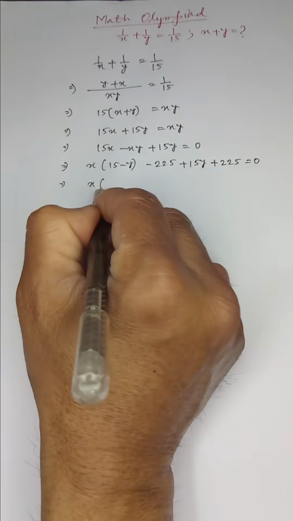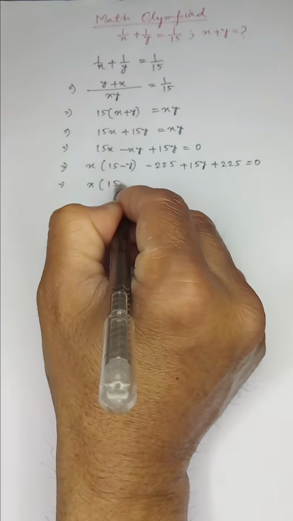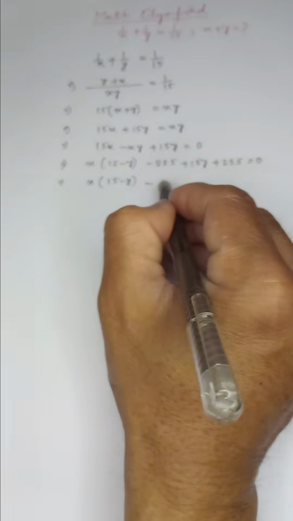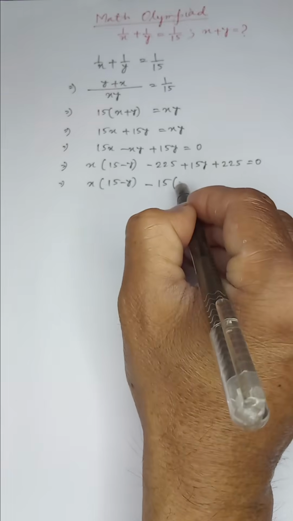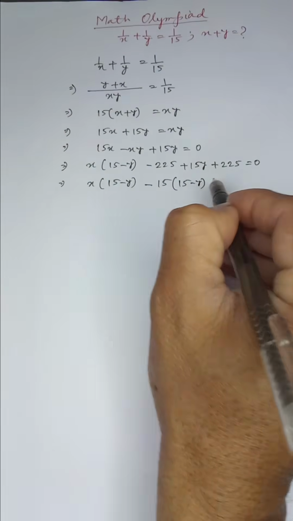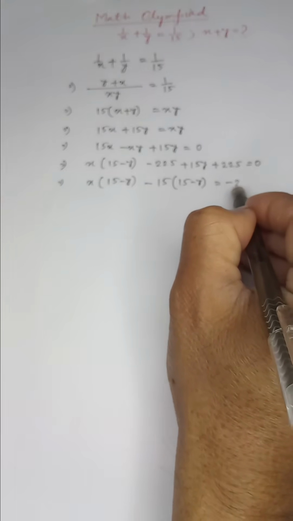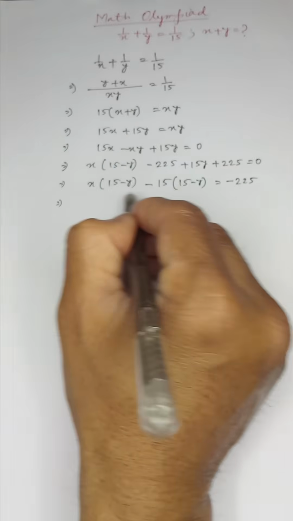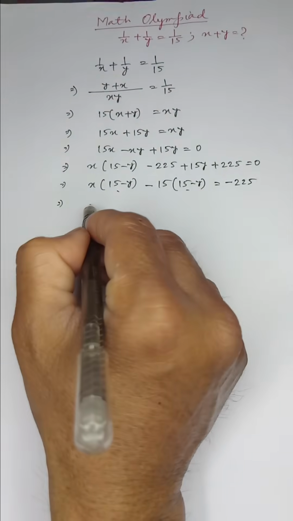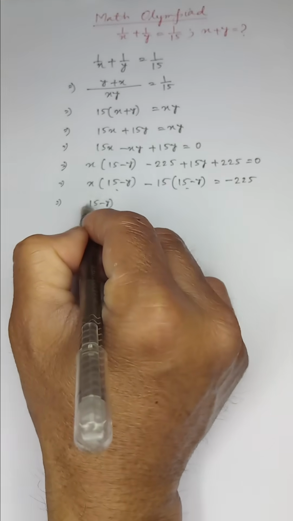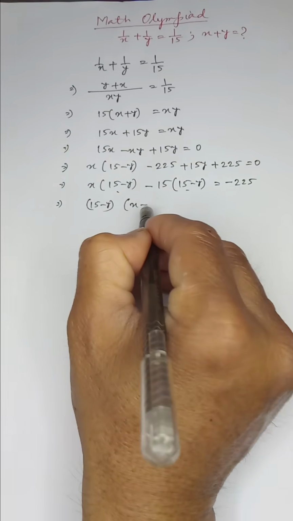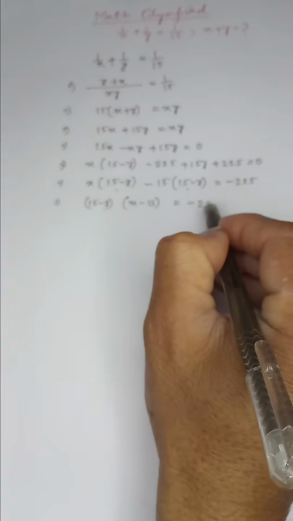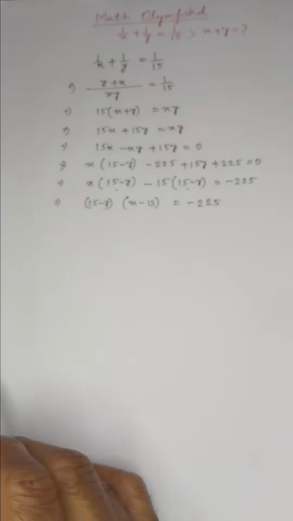or x into 15 minus y, and if I take 15 common, we get 15 minus y equal to minus 225. From these two we get 15 minus y is common: 15 minus y into x minus 15 equal to minus 225.